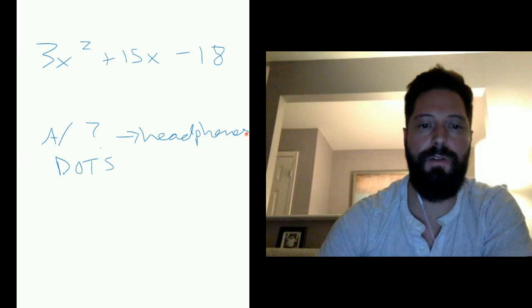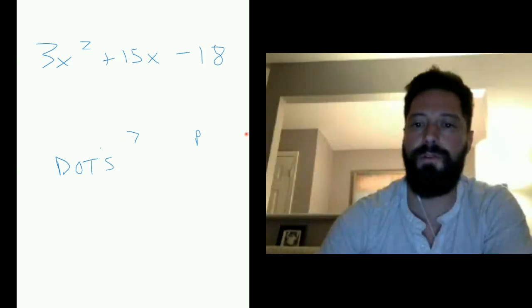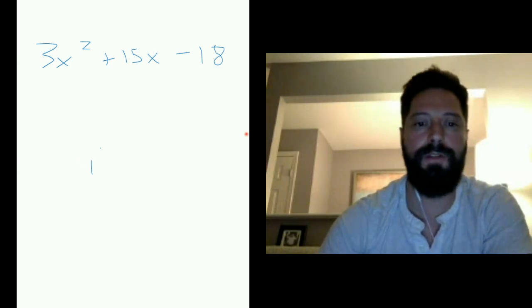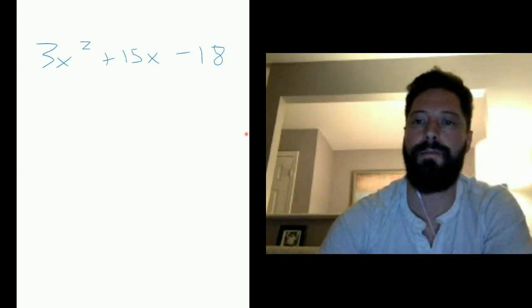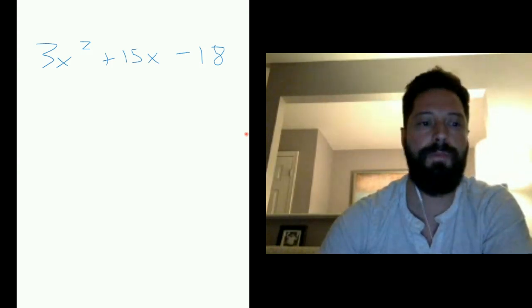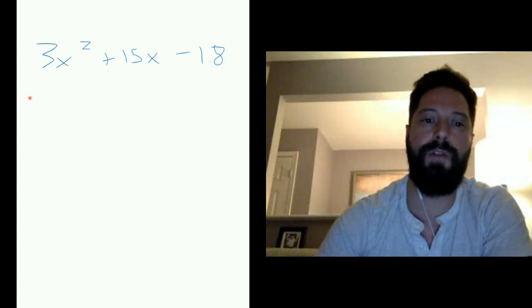What is the GCF between 3, 15, and 18? Write it in the comment box. Yeah, 3. Exactly. So we can rewrite this as 3 times x squared plus 5x minus 6.